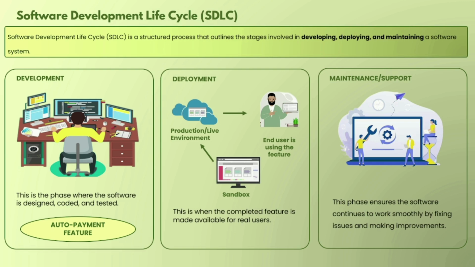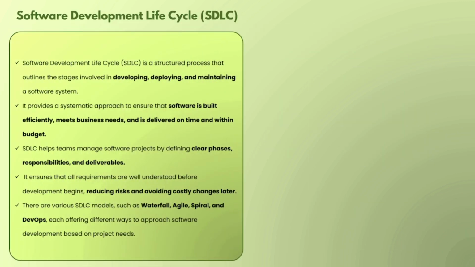So these are the three main stages of the software development life cycle: development, deployment and maintenance. Now we'll see other things which are related to the software development life cycle. It provides a systematic approach to ensure software is built efficiently, and everyone wants an efficient system, that meets business needs.